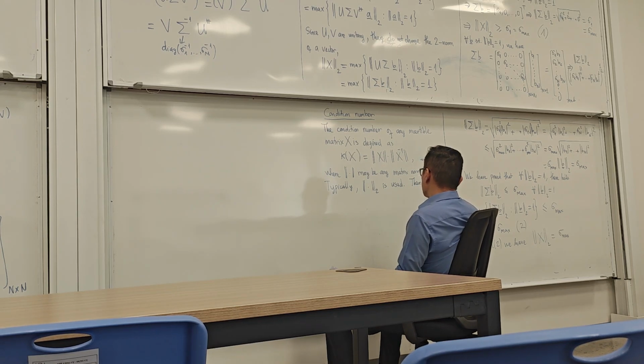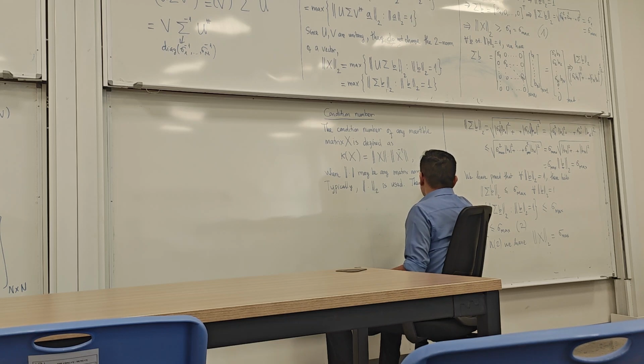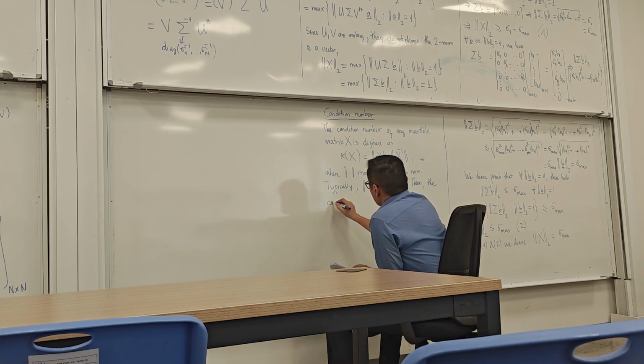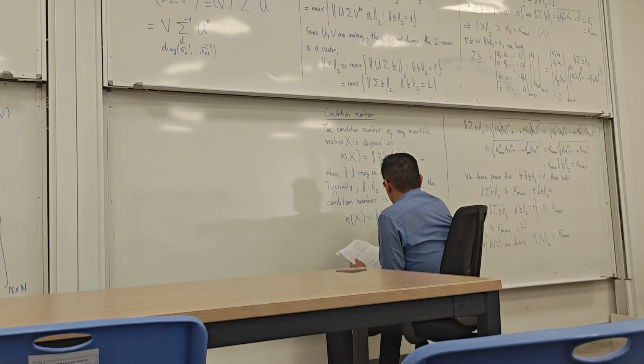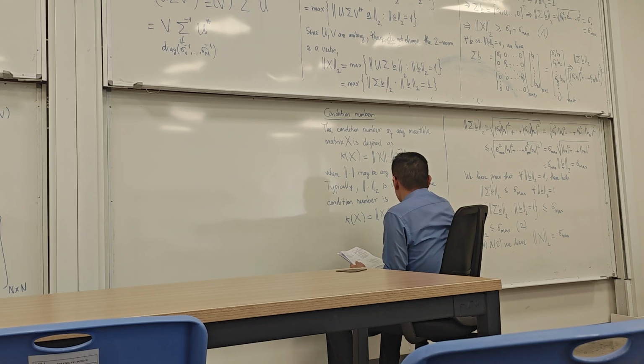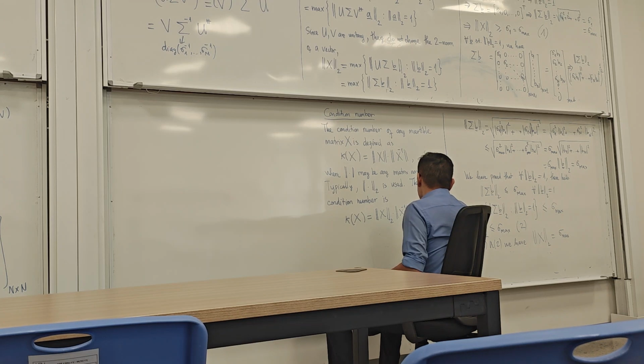But if we define the norm to be the L2 norm, then kappa of X becomes the L2 norm of X multiplied by the L2 norm of X inverse. And it turned out to be sigma max divided by sigma min.